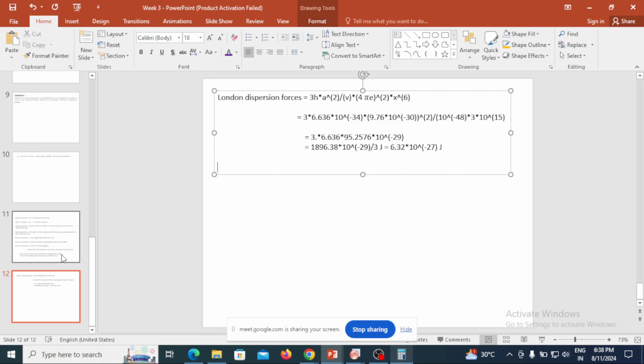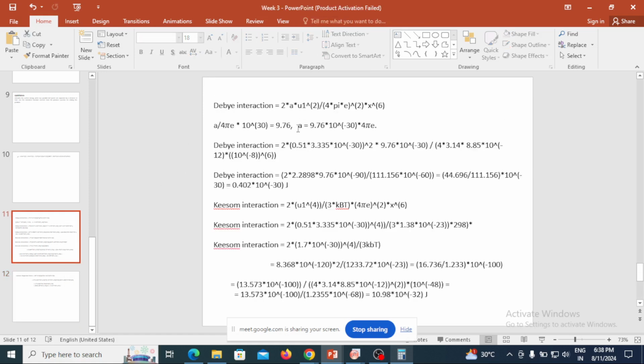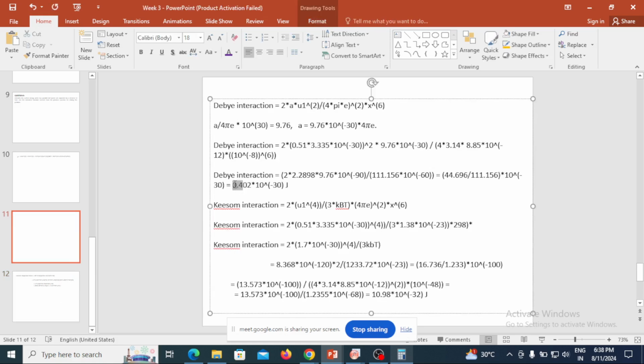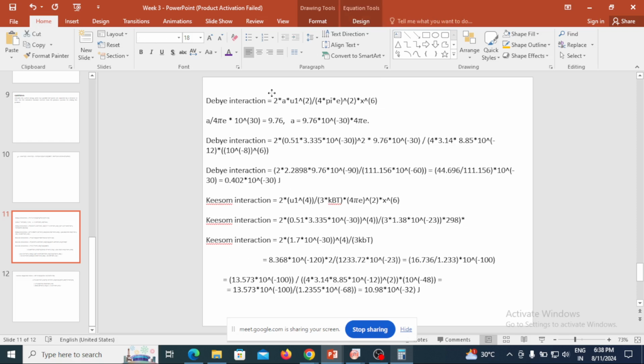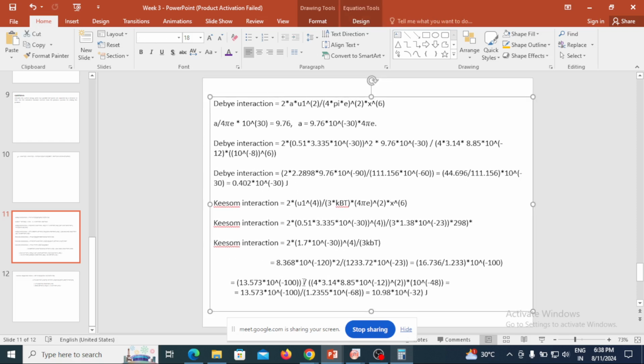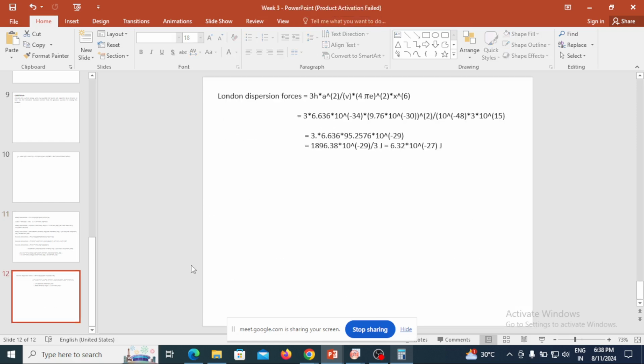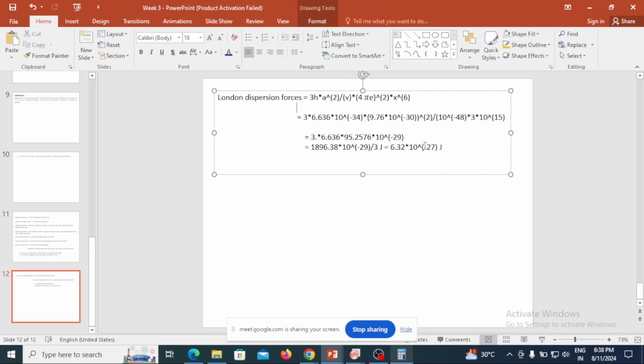So if you see here, let's check the exponents. Your Debye interactions are in the order of 10 power minus 30, and your keystone interaction is in the order of 10 power minus 32. But your London dispersion forces are in the order of 10 power minus 27.